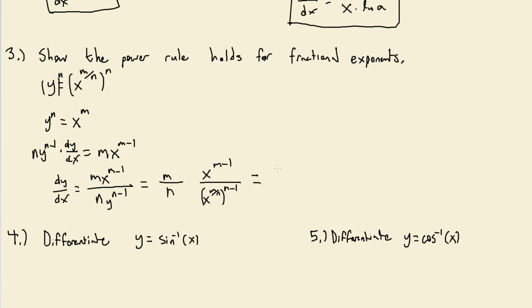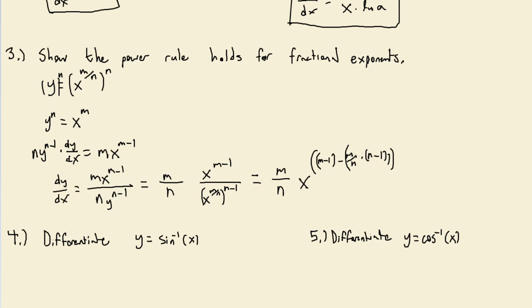And so we would have that this is equal to m over n times x to the power of, let's see, we would have m minus 1, I'll put that in parentheses, minus, because we are dividing here, m over n times n minus 1. And you can put this whole thing in parentheses.